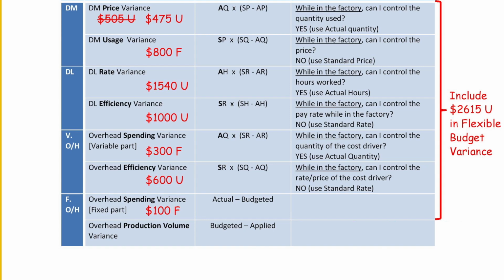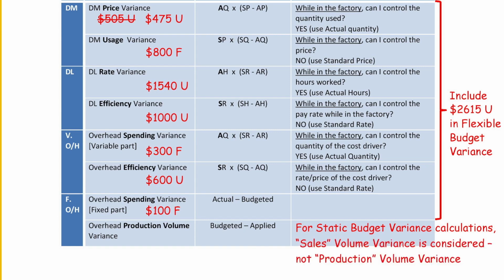And on the last row of the table, where you have fixed overhead production volume variance, for static budget variance calculations, sales volume variance is considered, and put sales within quotes, not production volume variance, and here put production within quotes.